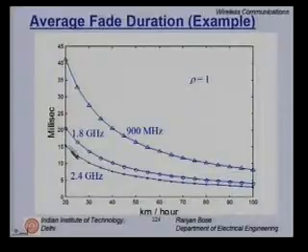Again, the general trend remains the same. The average duration of fade has gone down, and for lower speeds the effect is pronounced, whereas if you move to slightly higher speeds, you tend to flatten out. Fine. So, this is an interesting observation for rho is equal to 1.